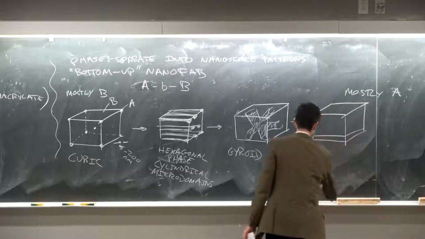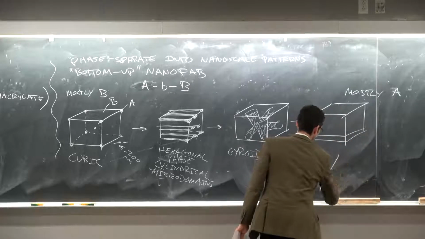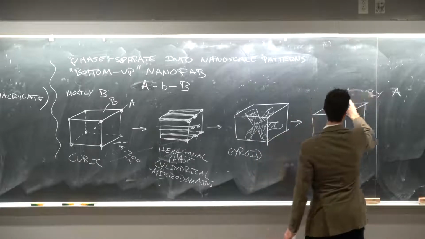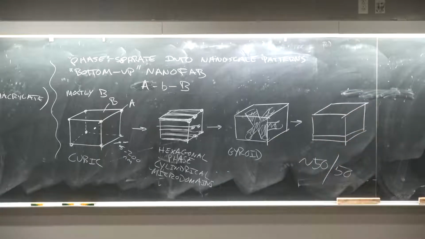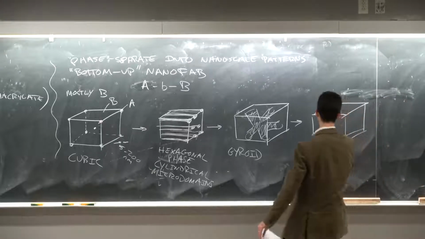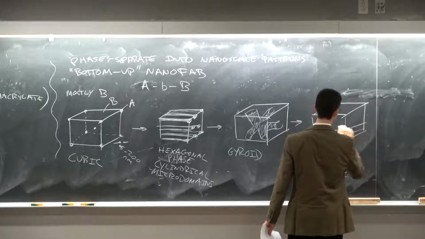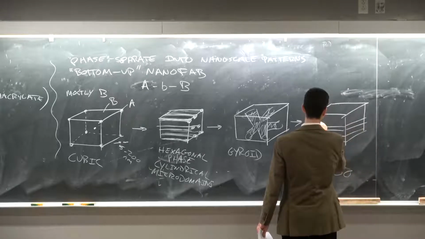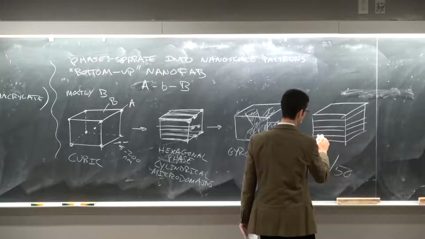Then, if you have 50-50, we're not at mostly A yet. Mostly A is over here. When you're about 50-50, you have a structure that looks like stacked pizza boxes.